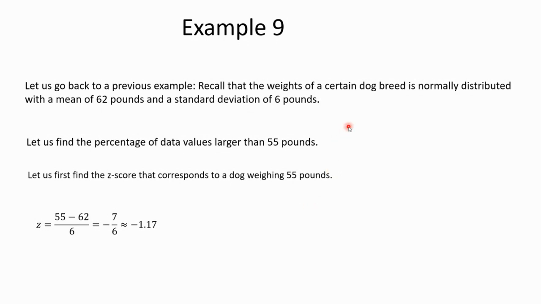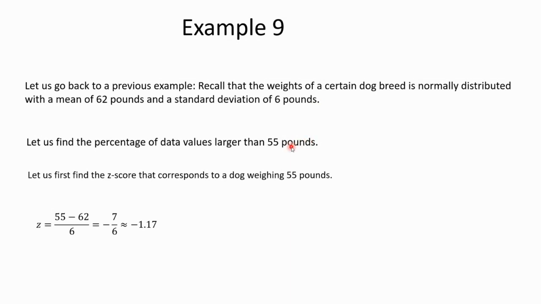The weights of dogs of a certain dog breed are normally distributed with a mean of 62 pounds and a standard deviation of 6 pounds, right? Well, let's find the percentage of dogs that weigh more than 55 pounds. Let's find the percentage of data values larger than 55 pounds.